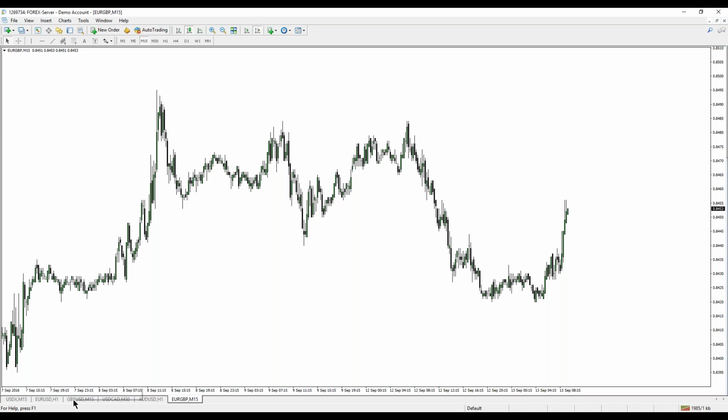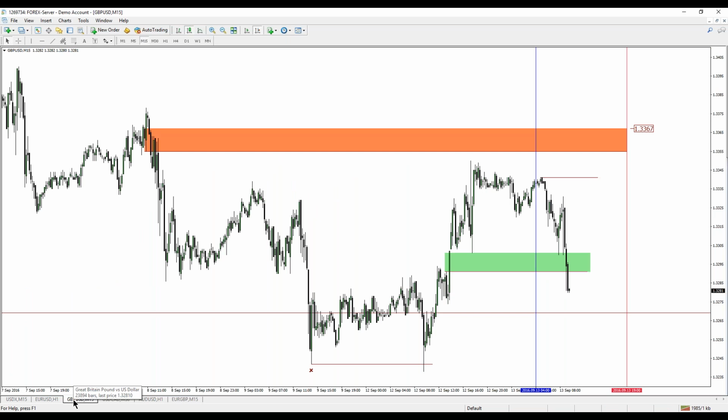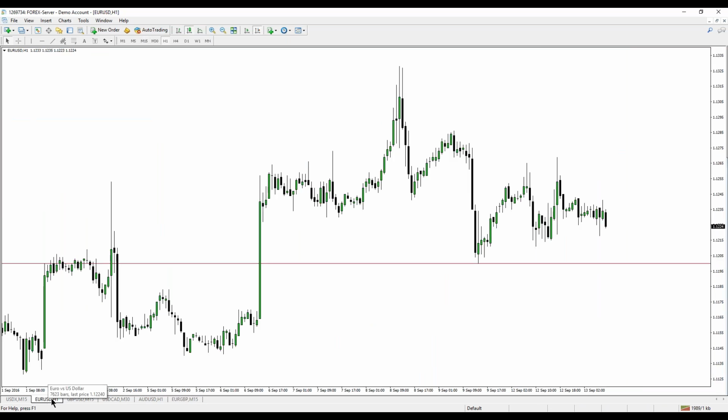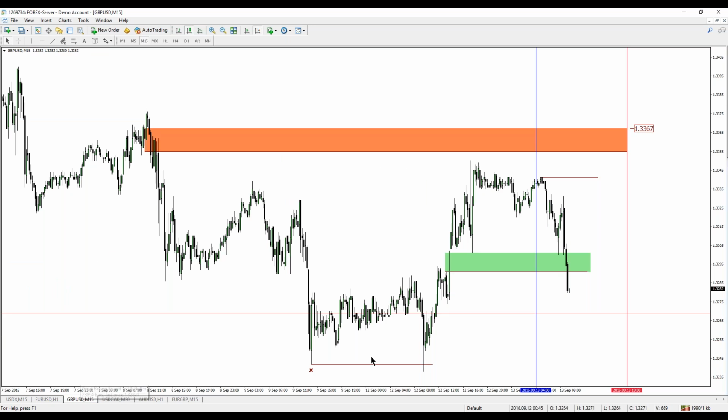Let me see. What do you see there? Equal highs up here. Buy stops on euro pound. Euro dollar sideways. The reverse of euro pound buy stops in the form of cable sell stops.